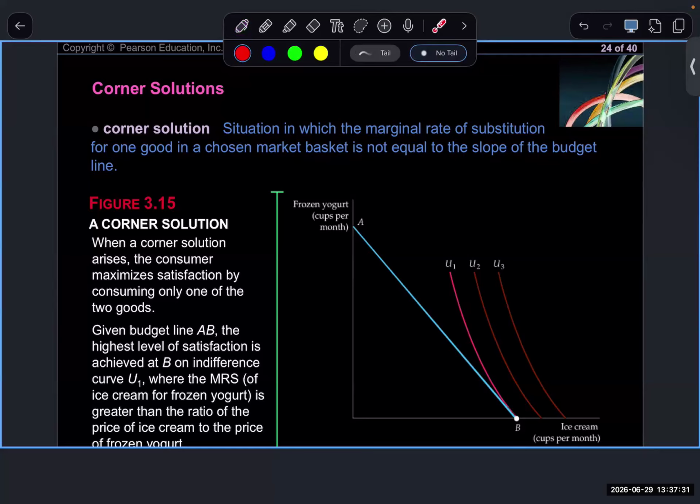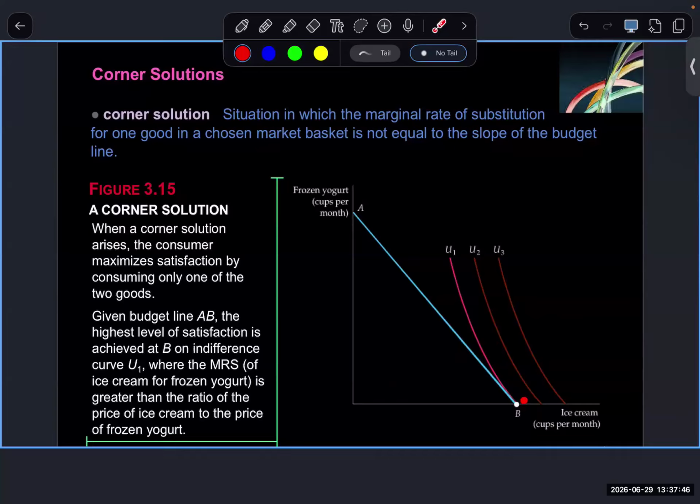That means the budget line touches the indifference curve at the corner, okay? So that means you only buy one type of good, okay? Here, you only buy the ice cream. For the frozen yogurt, it's 0.